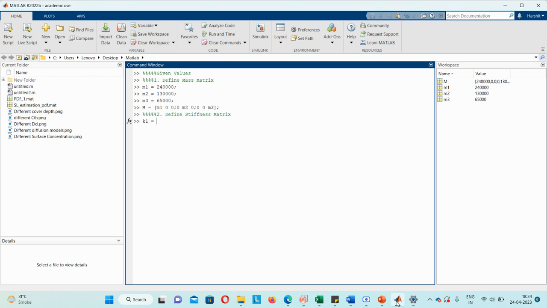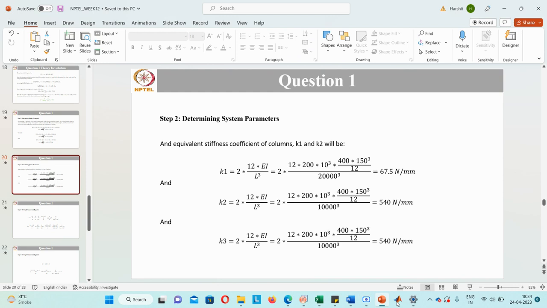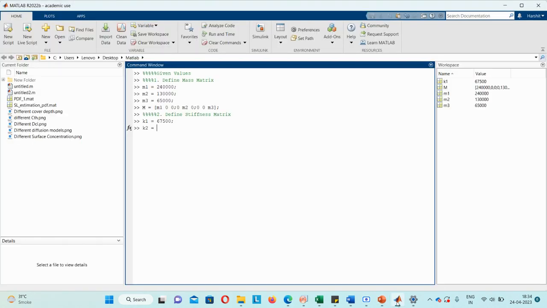So 67.5 into 10 to the power 3, so 67500. K1. K2 will be given as 540 into 10 to the power 3, 540000, and K3 again is 540 Newton per millimeter, so it is 540000.